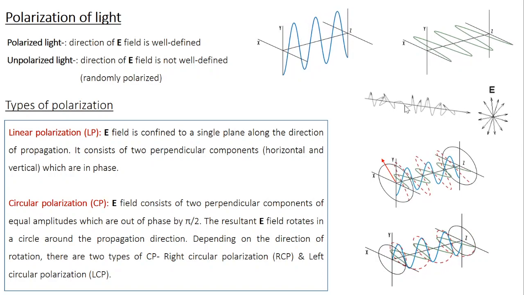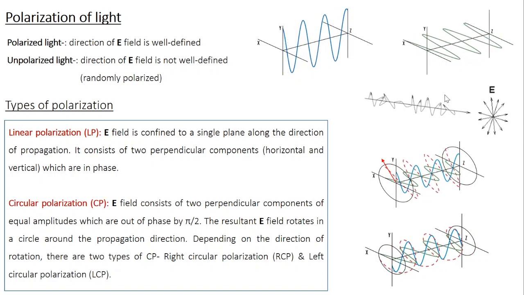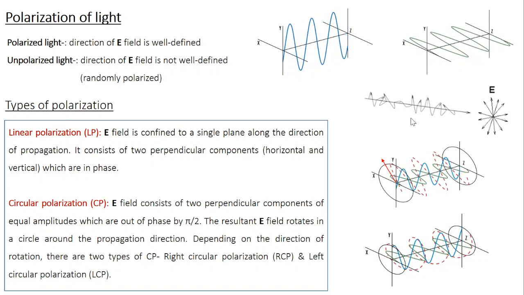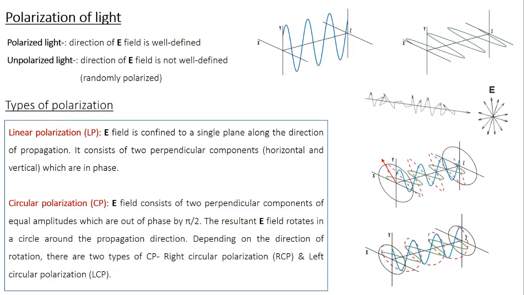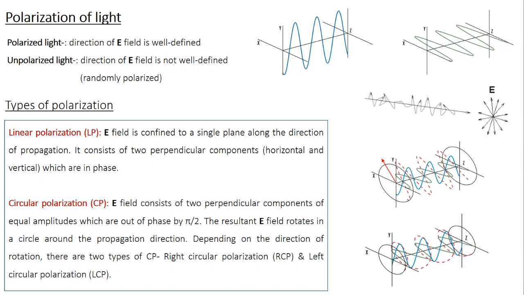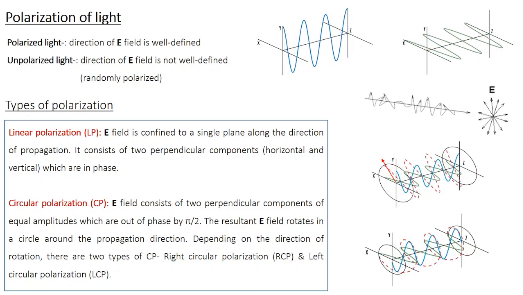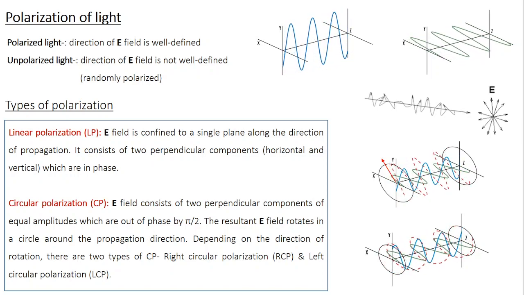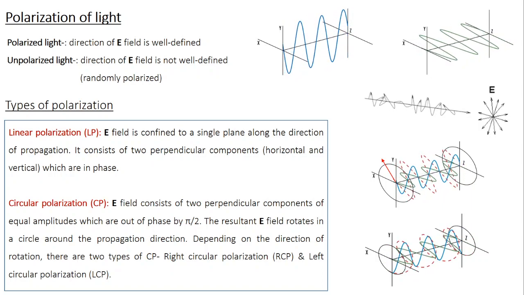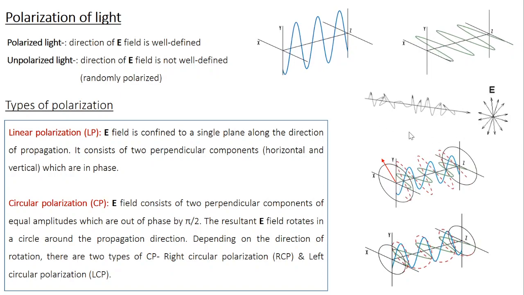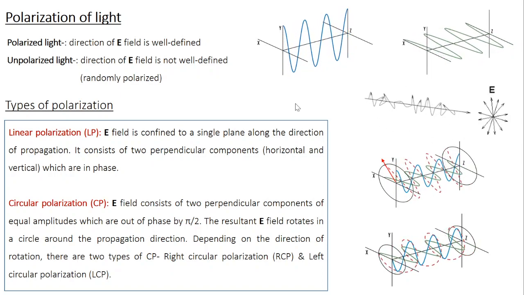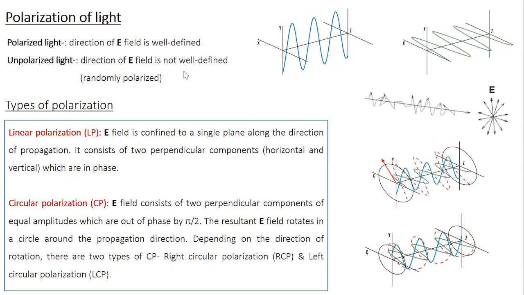The predictability of the direction is absent here. On the other hand, in polarized light, at a particular instance, you will be able to predict in the next moment what will be the direction of the electric field. Similarly, you can tell in the previous moment what it was. So an unpolarized light is essentially a randomly polarized light.